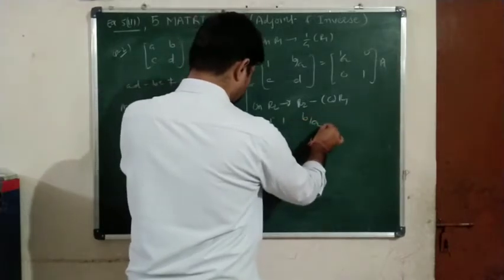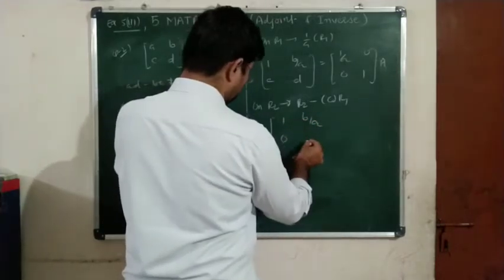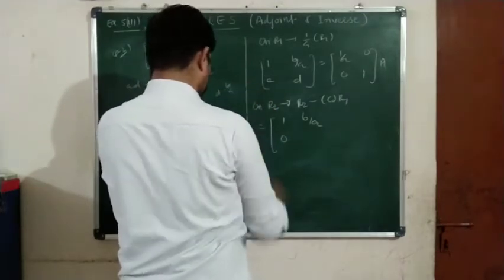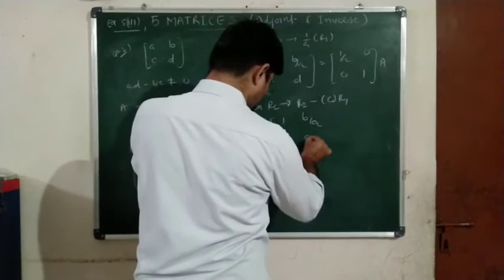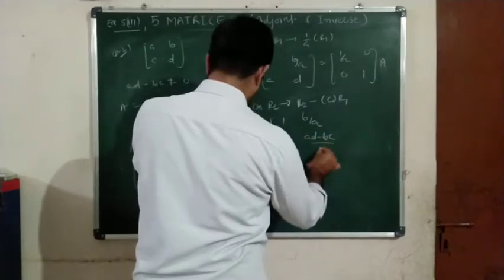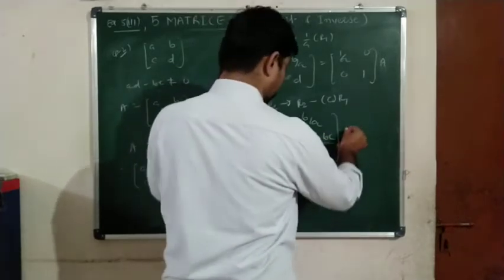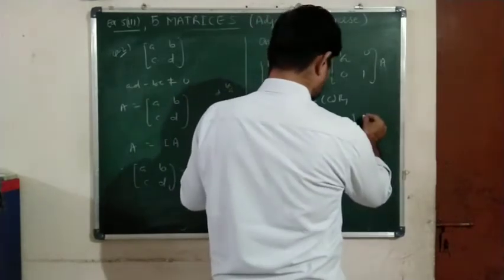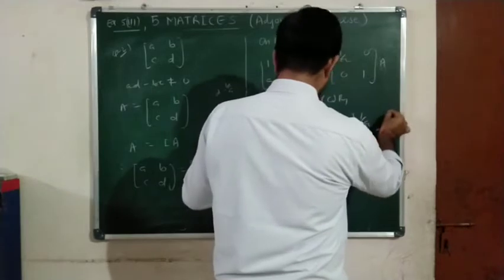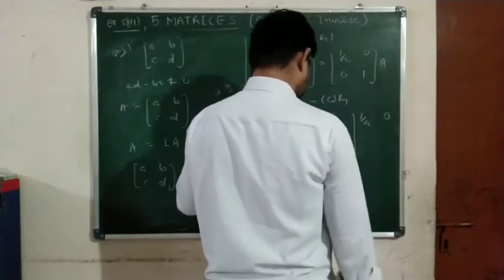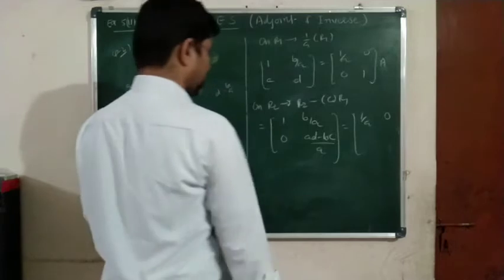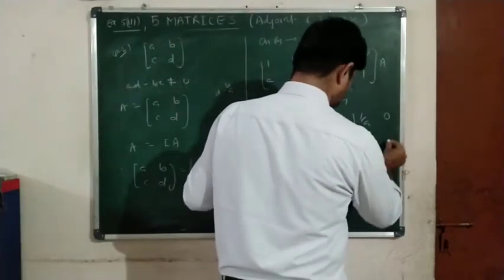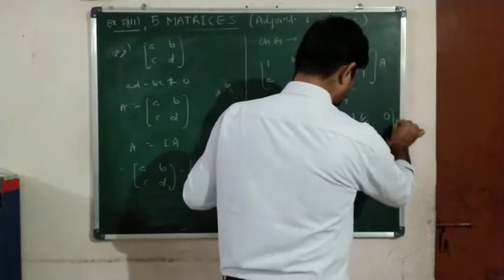So let us write down the first row as it is, over here 0 and D minus BC by A, so AD minus BC upon A. Okay, R1 as it is, and C, so 0 minus C upon A, and this will be 1 only.